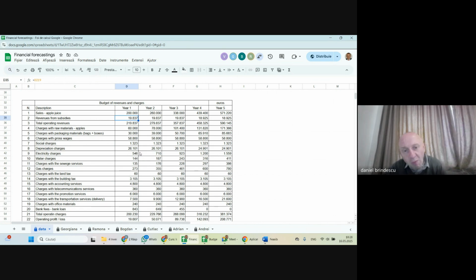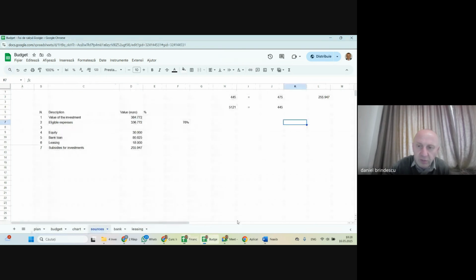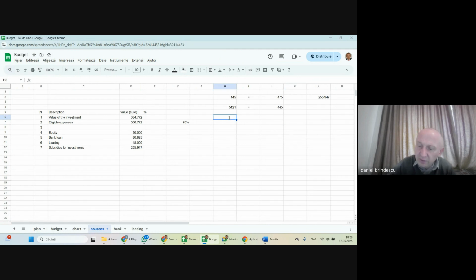So month after month, we are registering into our accounting, right, 6811 charges with the depreciation equals 281 for the tangible assets or 280 for the intangible assets.